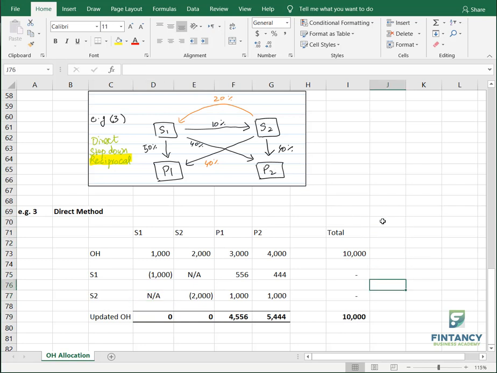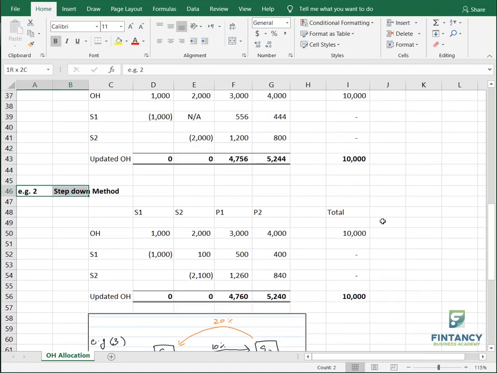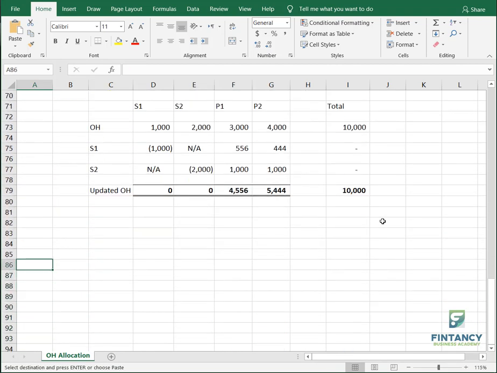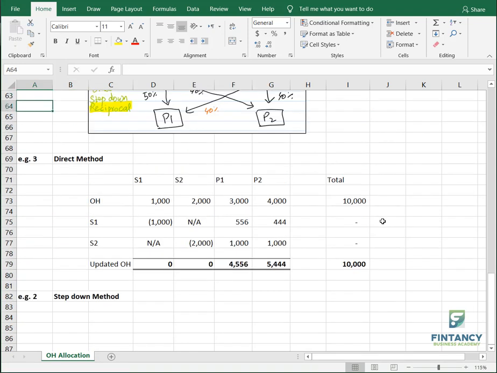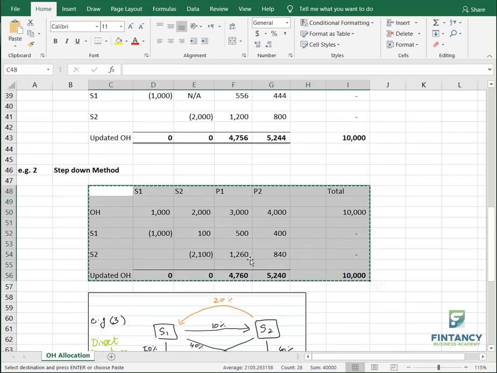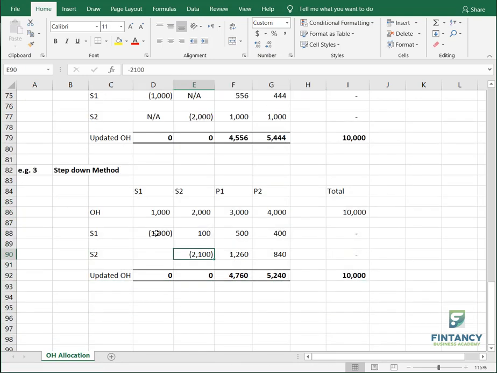Very nice. Now we will do the same scenario, Example number 3, from step down method. Let me copy this here, and let me remove this.